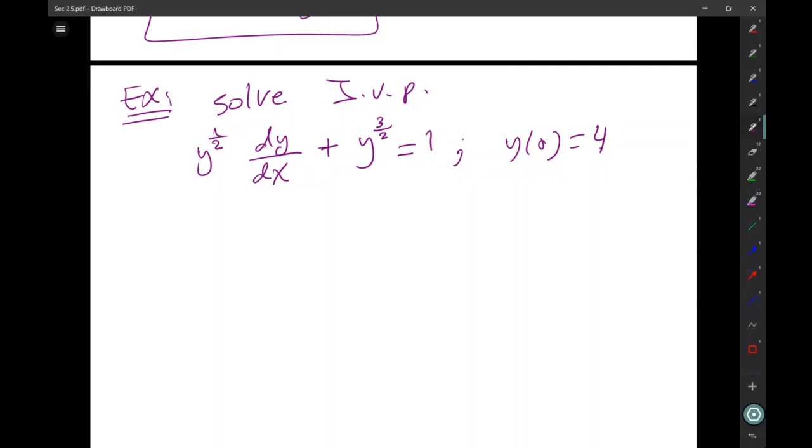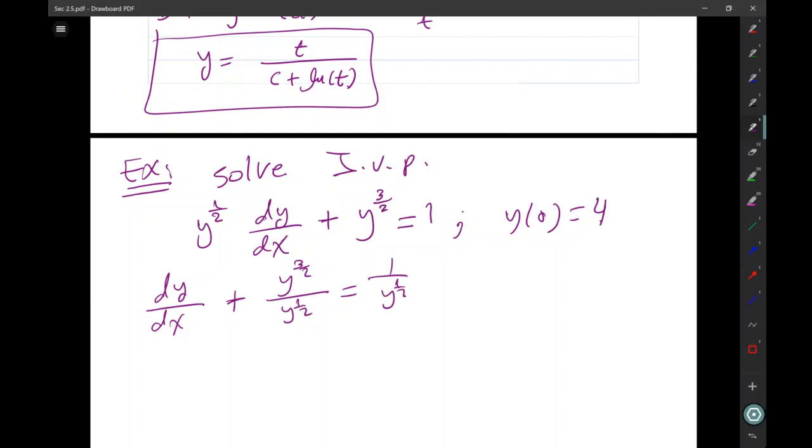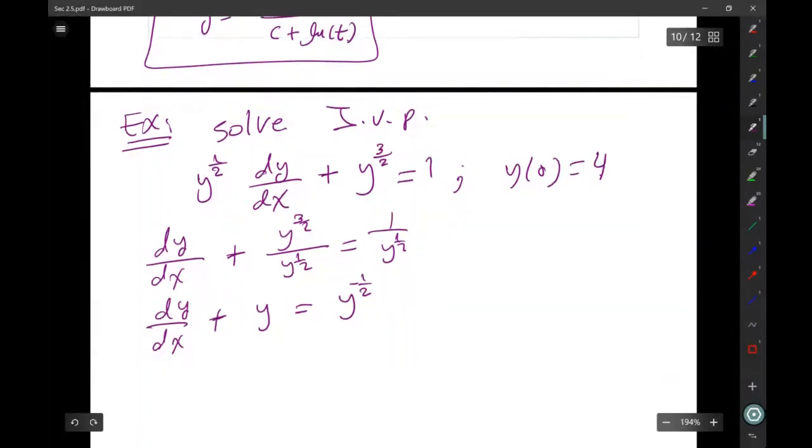Now we have the standard form, dy by dx plus y to the power 3 by 2 divided by y to the power half is equal to 1 by y to the power half, which is dy by dx plus y, because y to the power 3 by 2 divided by y to the power half is y, is equal to y to the power minus half. So this is the standard equation.